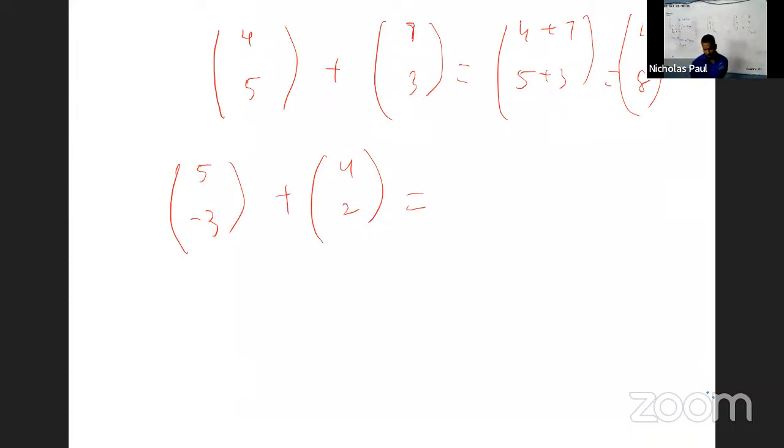Once you can add them, it means it's conformable. So that'll be 5 plus 4, minus 3 plus 2. So that'll be 9, minus 1. Are you okay with that? 9, minus 1, all together?